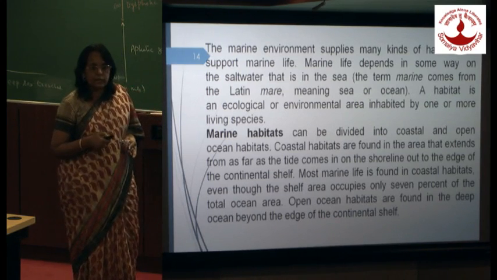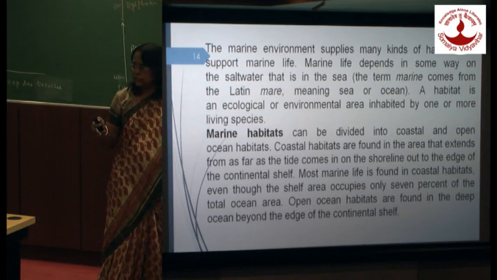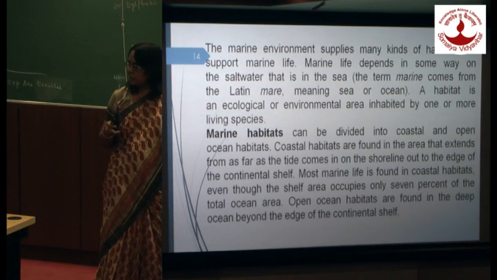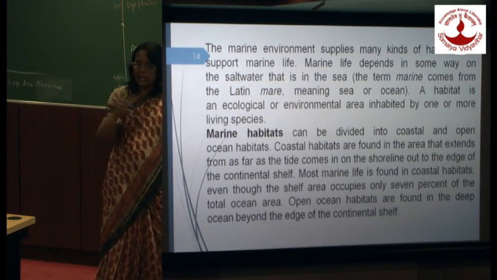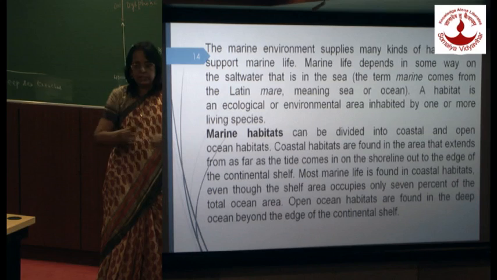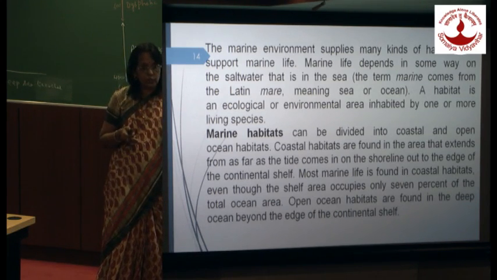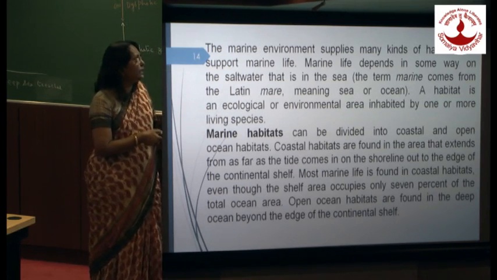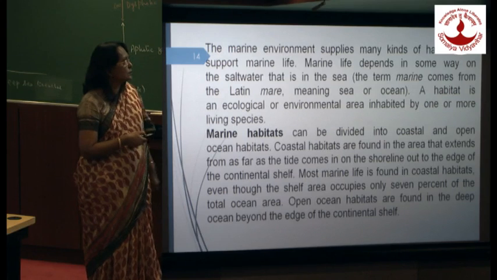But animals which are present in the intertidal region, they have to adjust themselves to different conditions. When there is high tide, the area is fully covered with water. Alright? When there is low tide, the water recedes, animal without any water. So it has to adapt itself much more than any of these animals.